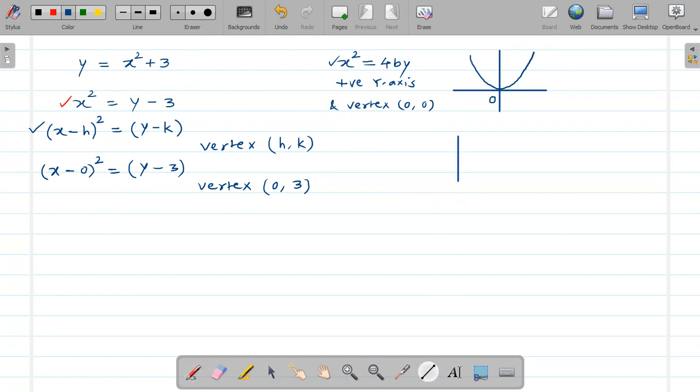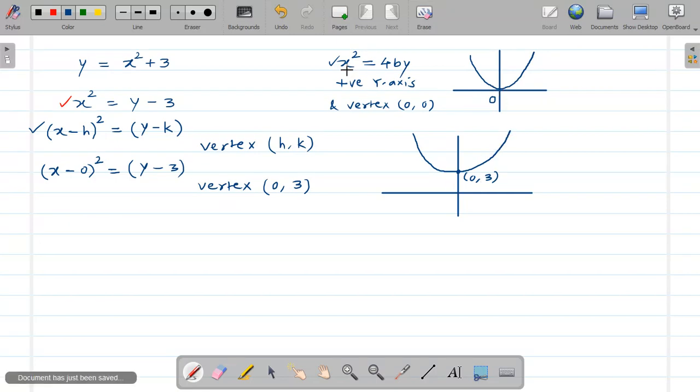See the rough diagram. If I express this by a rough diagram, the vertex of the parabola is here, suppose (0, 3), and the axis of symmetry is the positive y-axis, no problem. So you have to draw the parabola like this, because the vertex is at (0, 3), not like this.